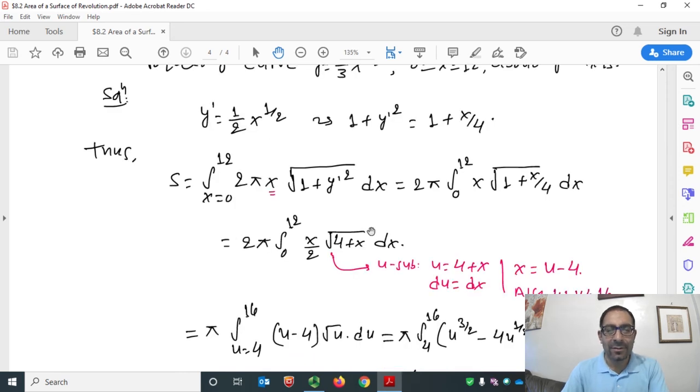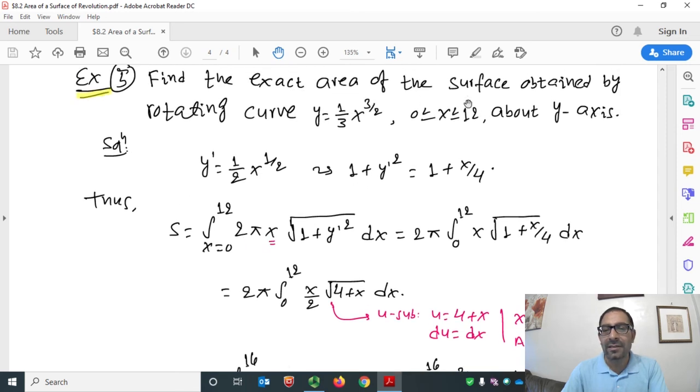Thus, our formula for the surface area is S equals the definite integral from x equals 0 to 12. That's the limit given to us. 0 to 12, 2 pi. Then we are rotating about the y-axis, so our radius is x, times our ds, which is the radical of 1 plus y prime squared, outside dx. Great. In the next step, pull 2 pi outside the integral, and then definite integral 0 to 12.